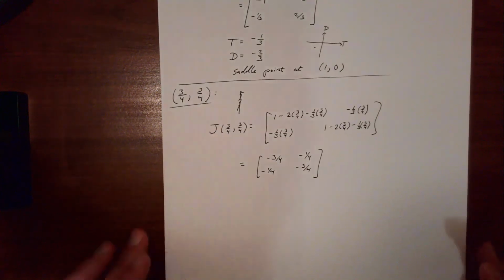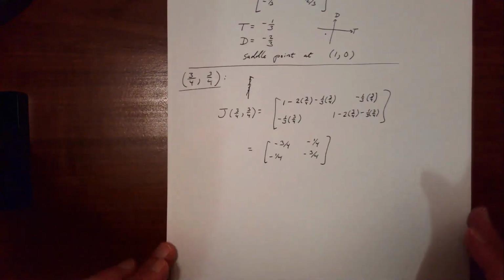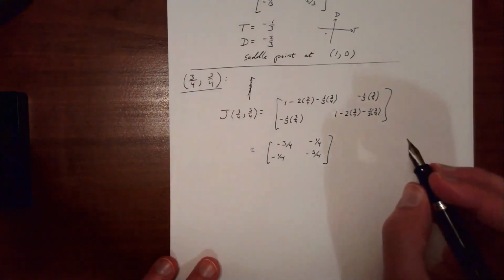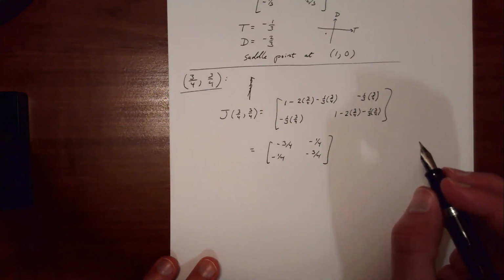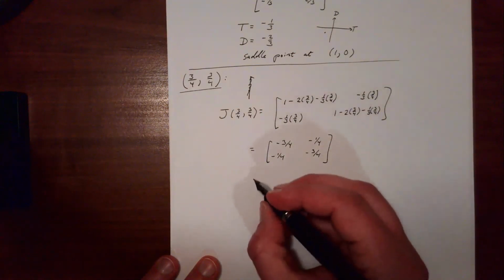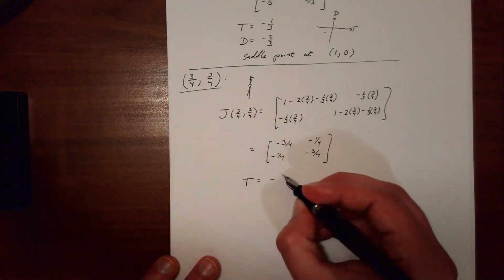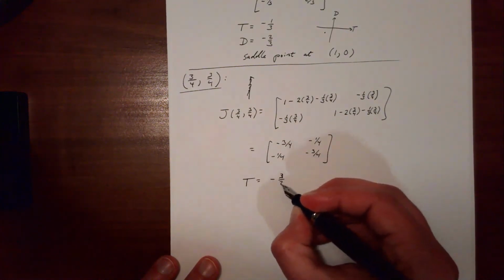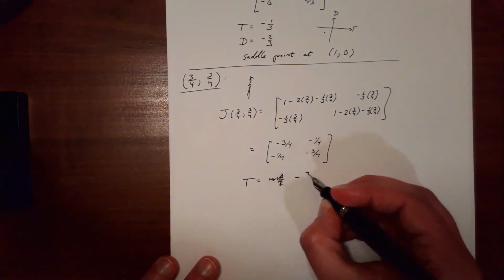All right, well, if this is our Jacobian, then let's worry about our eigenvalues. So if we wanted to do the trace and determinant situation, let's see what we would get. So T is going to equal negative, 3/4 plus 3/4 is 3/2, negative 3/2.